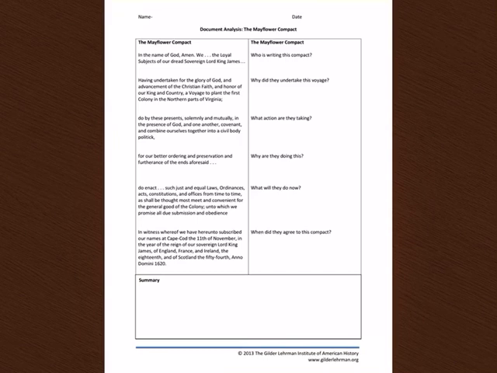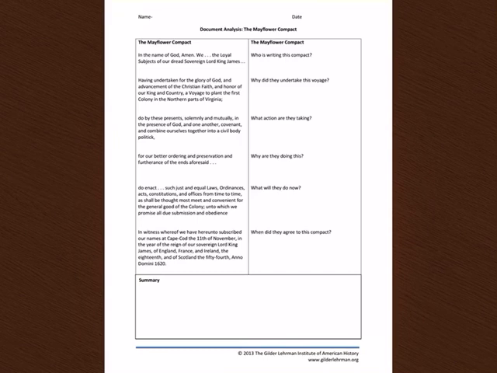So again, write your answers to the questions for each paragraph. The question goes along with the paragraph to the left from the actual document. So write your answers in your own words, and then at the end, take your answers to be able to write a paragraph of a summary of what the Mayflower Compact said.